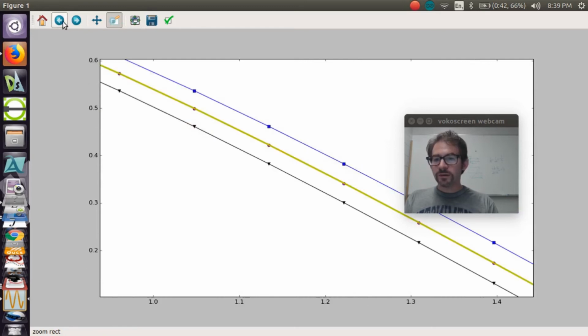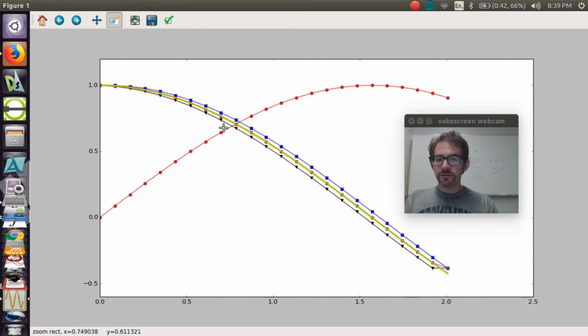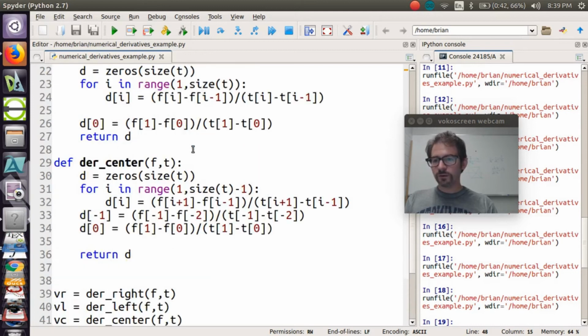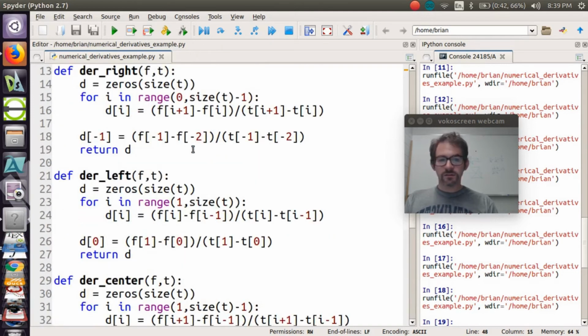You can go back one level of zoom here. Much better than the black or the blue. So that's why we like to use centered derivatives whenever we can. We don't really even need these dir left and dir right functions. They're actually not very good. But they give us the concept of how to take these derivatives.